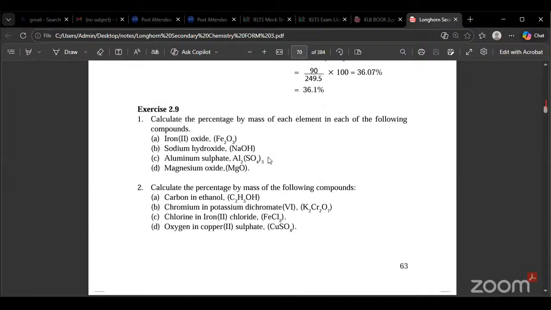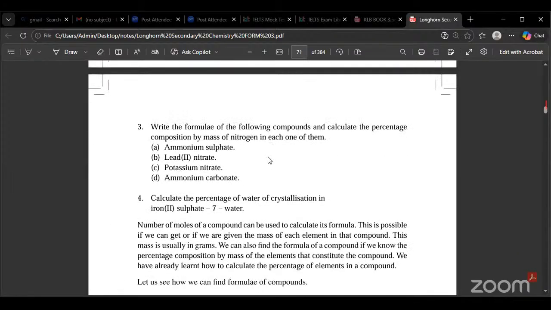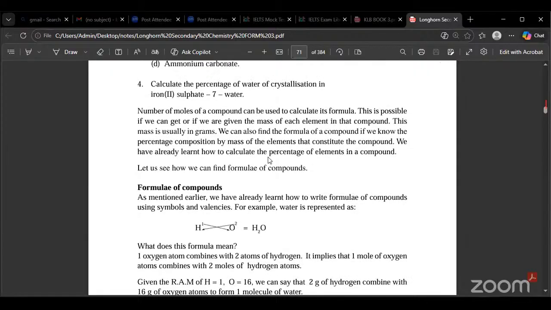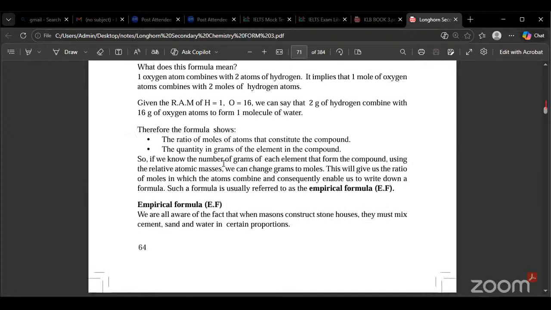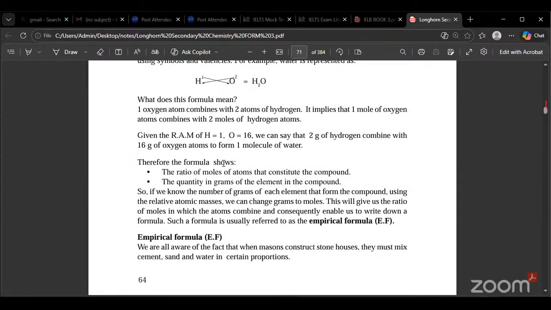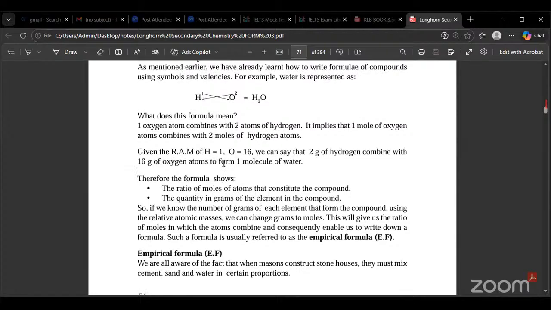So this one has the same questions that we're going to solve. This one is how the formula of compounds is formed, where you exchange the valences. But I wanted us to do one, but it is okay. Let us just go to empirical formula. I want to use the KLB, and then we'll use this one for examples. So let me unshare first, and then we will see.